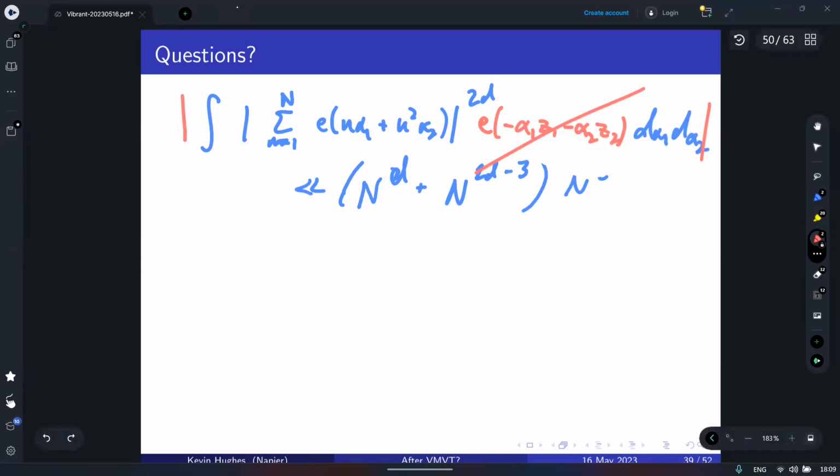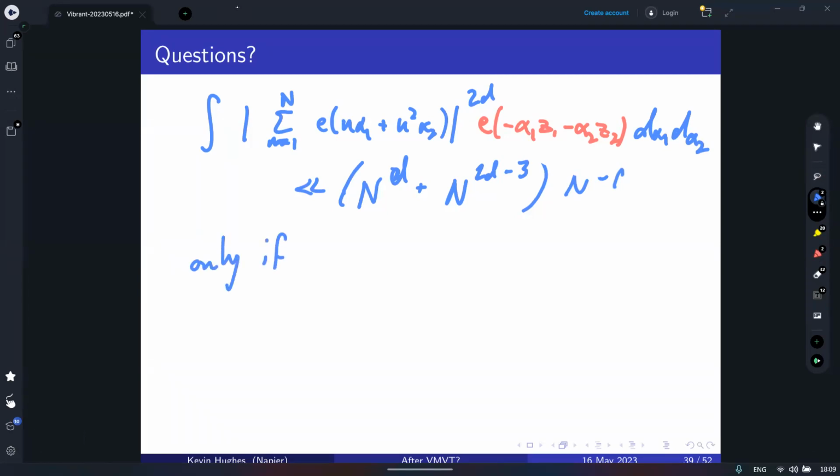Now, what I'm beginning to suspect to be true is that when I plug this in and z_1 and z_2 are not 0, then I get the same thing as before, but times N to the minus 1. That's a little bit of a lie. That's only if d is less than or equal to 3, I think I mean less than 3.